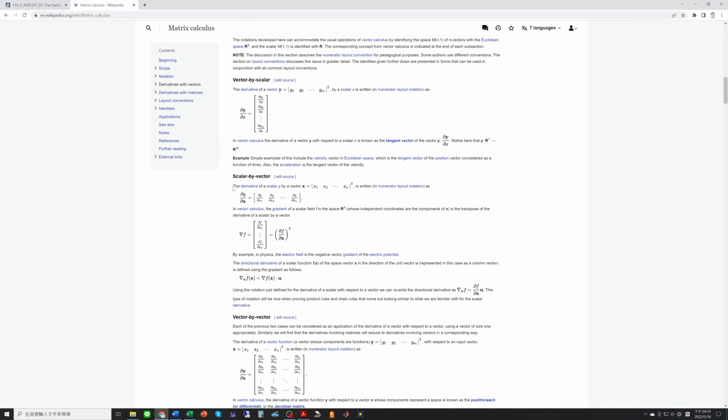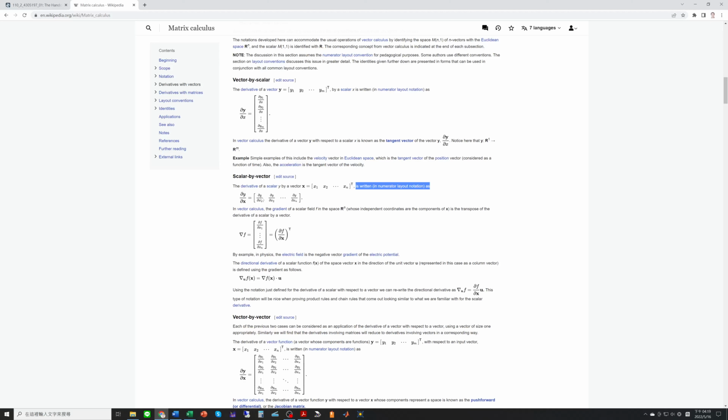The derivative of a scalar y by a vector x, which is equal to x1, x2 to xn transpose, is written in numerator layout notation as partial y over partial x is equal to a vector.